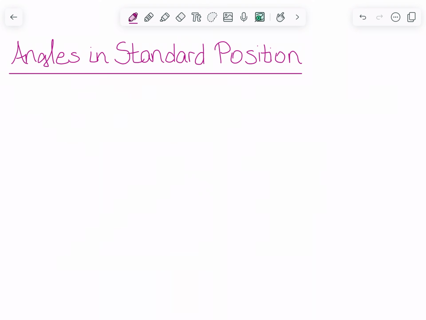Angles are often referred to using Greek letters, so let's look at some of the Greek letters that are commonly used. The first is theta. The next is phi, which may be written in two different ways that you can see here. Typically, this first one is how we write it when we're handwriting, and the second one is how it's typed, but we could see it in either variation.